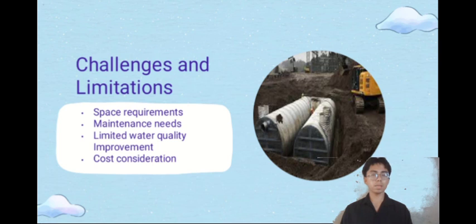The third one is limited water quality improvement. Detention systems do not focus on reducing pollutant loads significantly, unlike retention systems. And the fourth one is cost consideration. Installation and maintenance can be expensive, especially for underground systems.